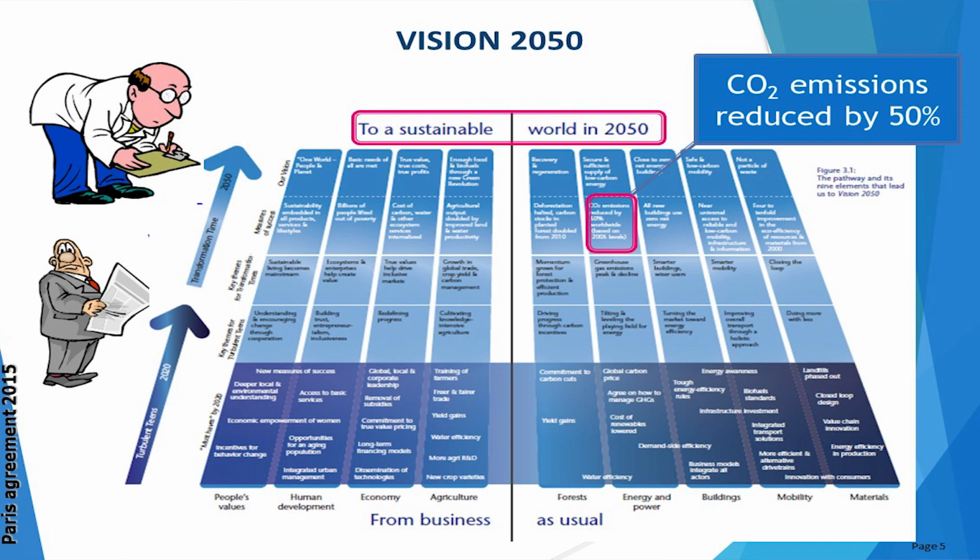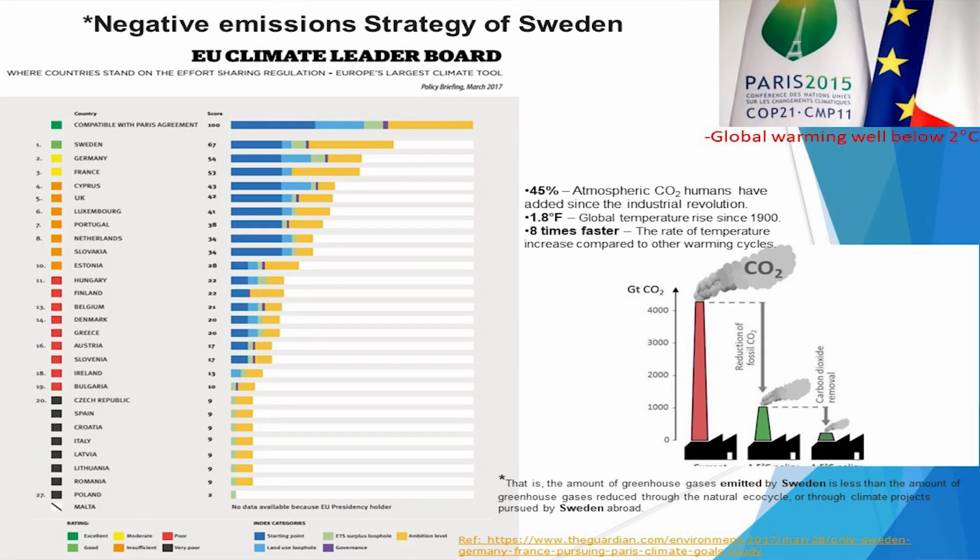But some countries have given their own vision, like Germany, France, and some Nordic countries like Sweden, Norway, Finland. They say we should go for negative emission. What is called negative emission? Emission is always there, so how can it be negative? Just for the students: from our industry or auto vehicles on the road or other conventional sources, emission is there.